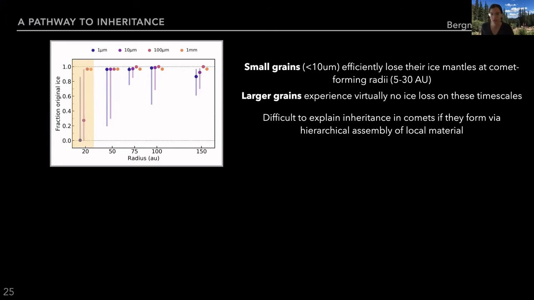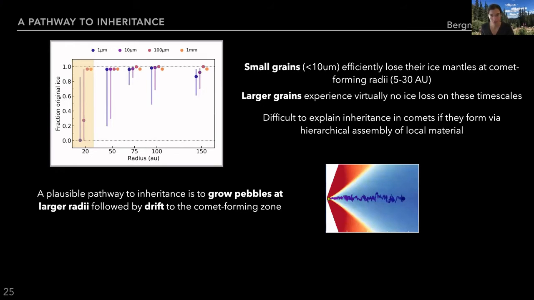So the interesting take home here is that it's difficult to explain inheritance in comets if they're forming through the hierarchical assembly of local material. You can't start with small dust grains and grow them to larger sizes at the comet forming regions of the disk while still preserving the ices intact. Instead, we think a more plausible pathway to inheritance is to grow to pebble sizes at larger radii and then drift this material inwards to the comet forming zone.